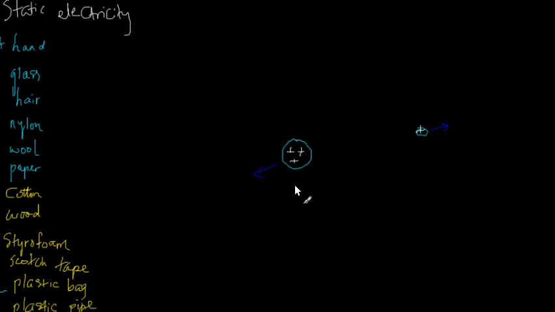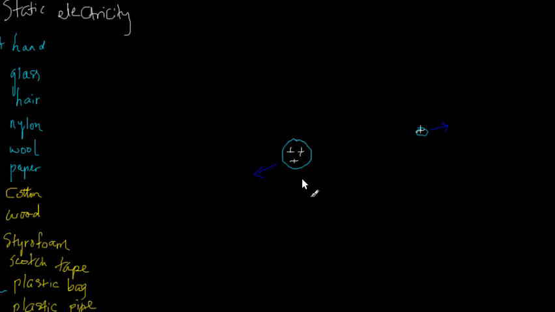Like charges repel. Now, what I want to look at now is the effects of the force from this glass ball on positive charges, okay, in the region around it.